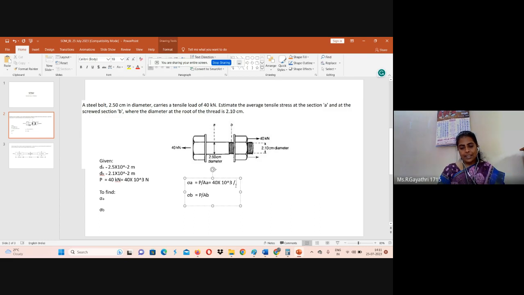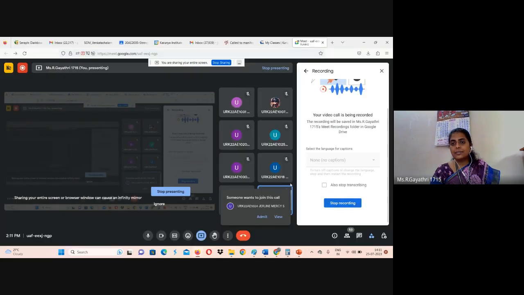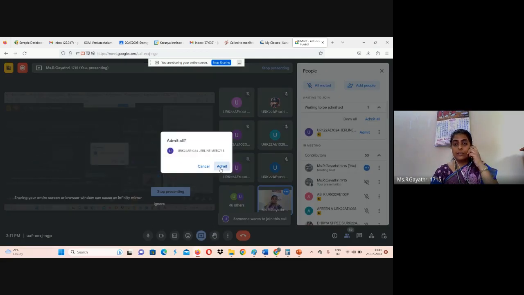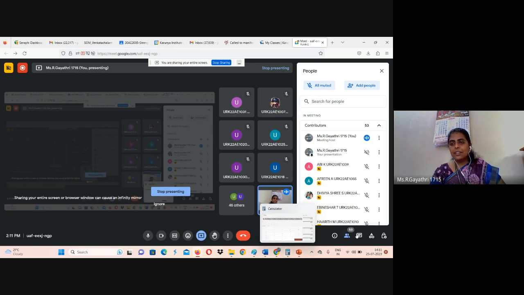Did you find the area? Area at section A. You can tell me your answer or you can post your answer in the chat box.